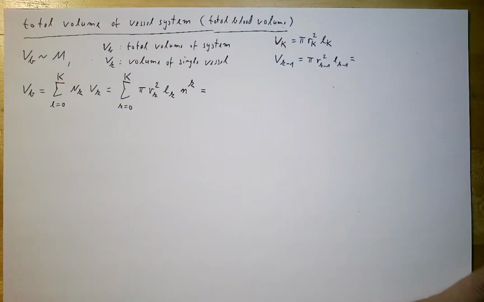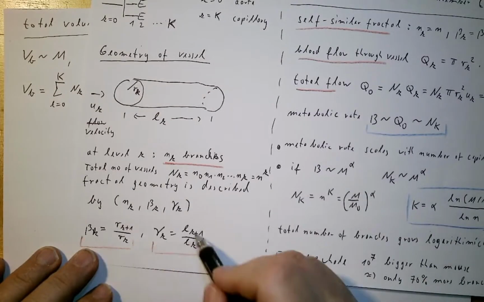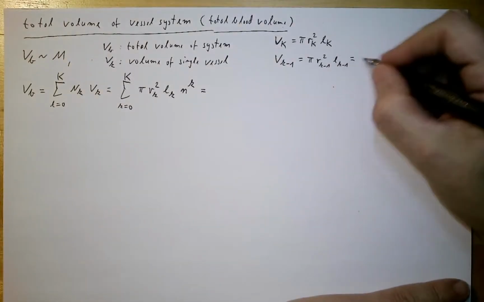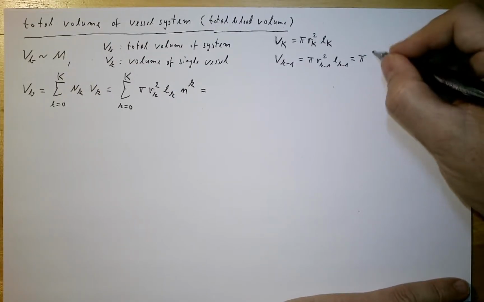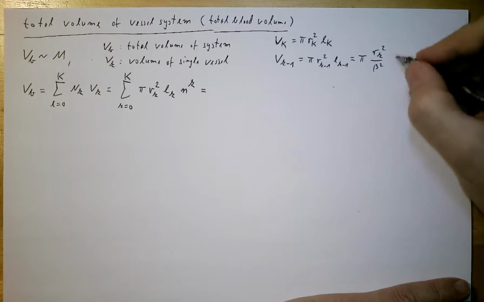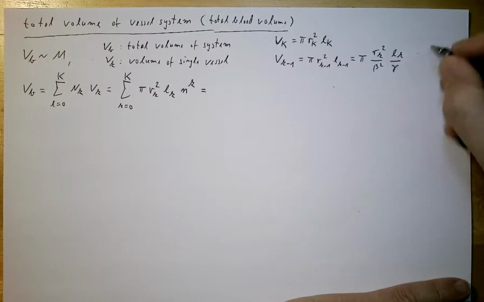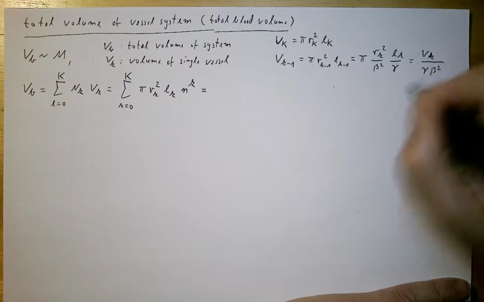And now we use these scalings here. We have this scaling of radius, beta, and scaling of length, gamma. This means we have the pi here, and then the radius at level K squared divided by beta squared, and then the length at level K divided by gamma, and so we see that's the volume at level K divided by gamma beta squared.